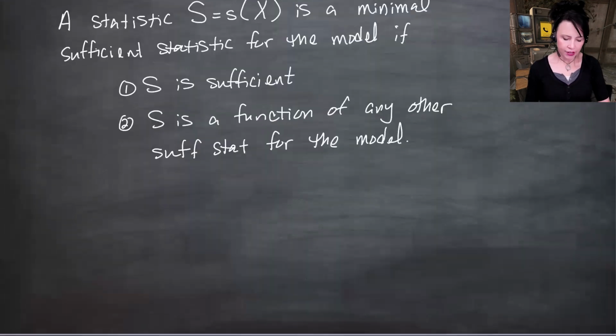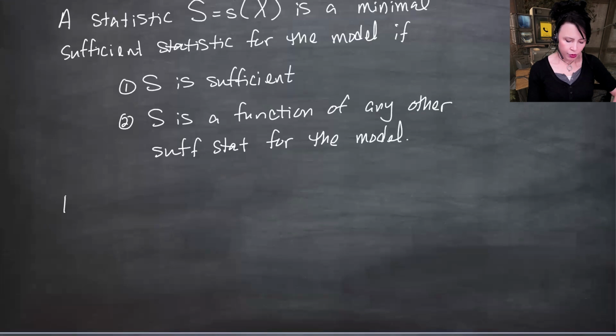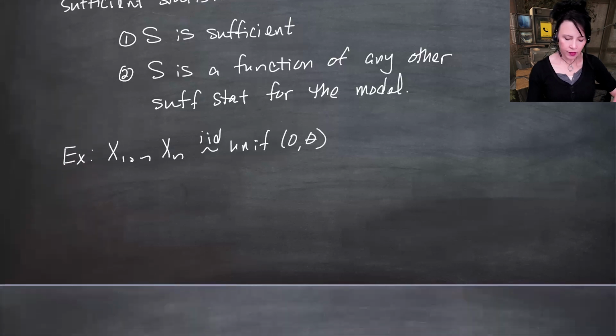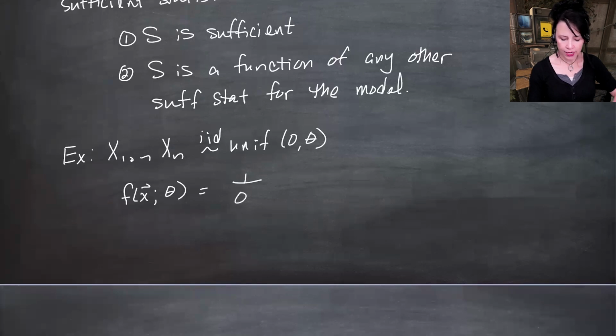Let's talk about that dimensionality argument again. If we have X1 through Xn, IID uniform 0 theta, then the joint PDF is 1 over theta to the n times a product as i goes from 1 to n of the indicator that says that each xi is between 0 and theta.